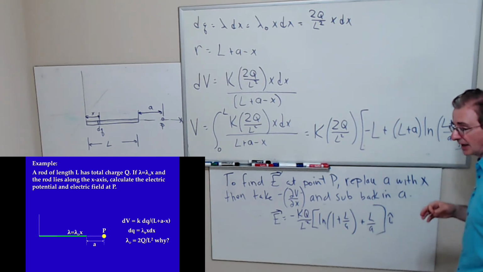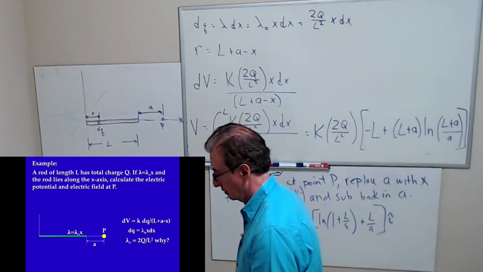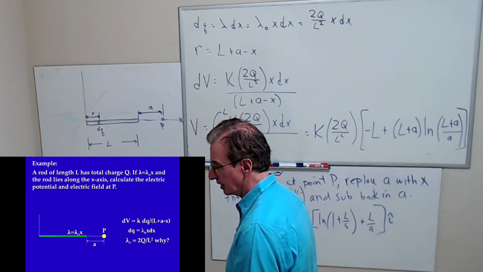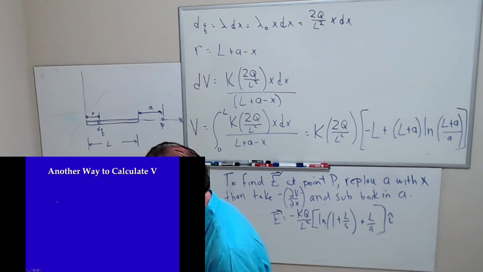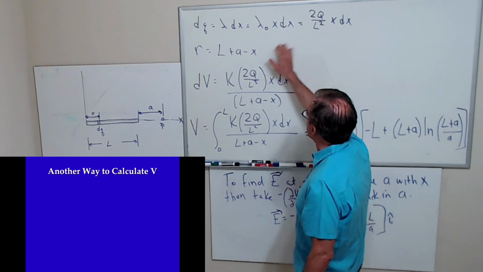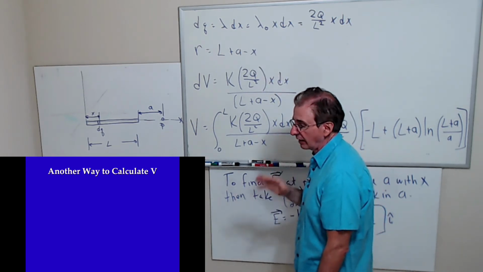Those are questions you can ask yourself. Now you can see the setup in these problems is a little bit easier. But again, in all these problems we've done, the electric field problems and the V problems, you have to know your dq, you have to figure out your R, and then for the electric field, you need your R hat.